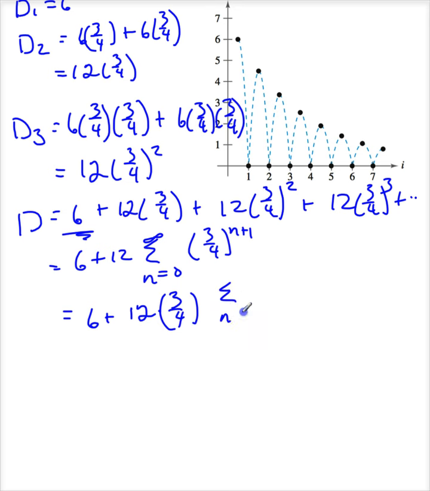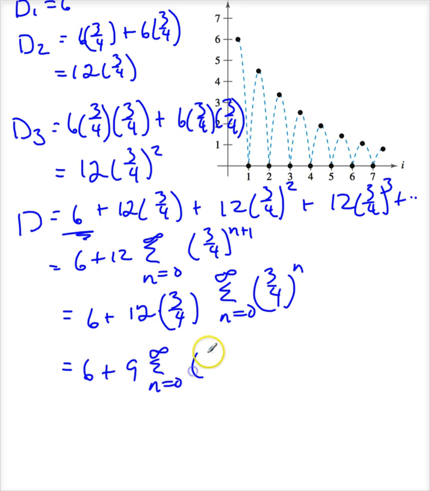So this is the sum as n goes from 0 to infinity of 3/4 to the n. Now I have a geometric series. So this is 6 plus 9 times the sum as n goes from 0 to infinity of 3/4 to the n. Nice geometric series.